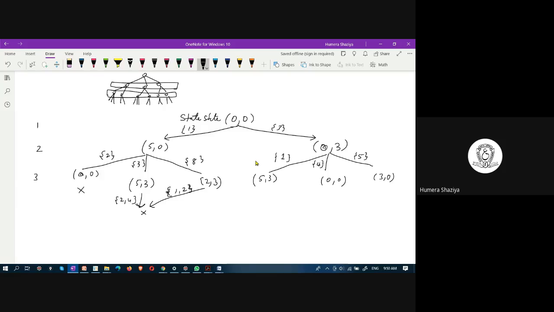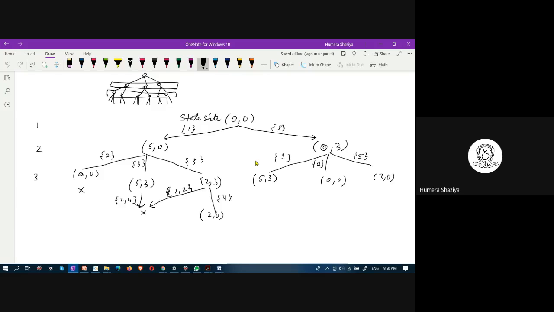So that also cannot be explored further. Whereas on the application of rule number 4, 2 comma 0 is arrived. State 2 comma 0 is arrived. This is expanding at this level. Number 3, this left side is done.